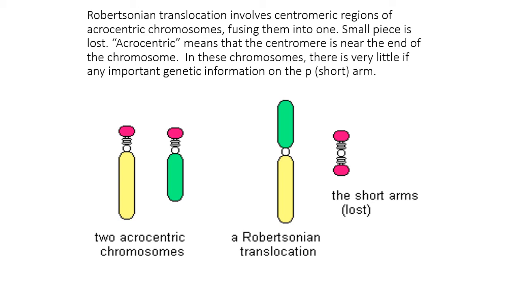So what has happened in a Robertsonian translocation is those two acrocentric regions have been disposed of by means of a translocation, leading to the fusion of the two chromosomes involved. So we've now got a yellow chromosome and a green one, and somehow they've become fused into one large chromosome, with very little loss of information and no gain of information.